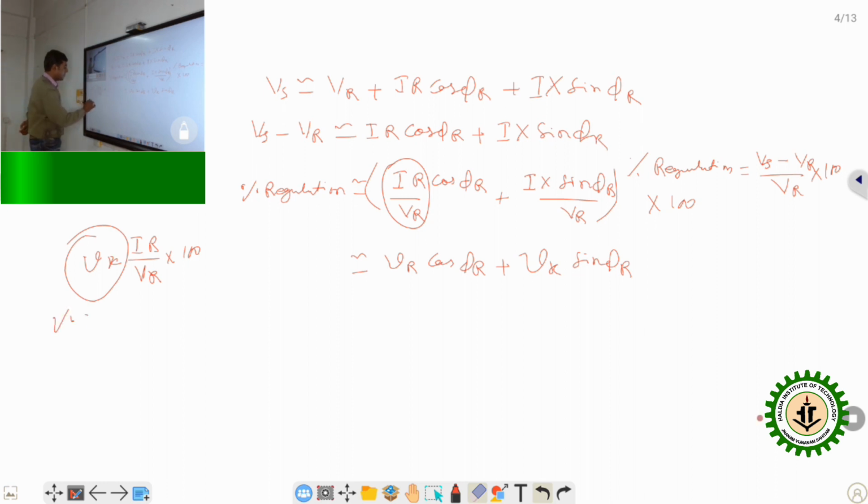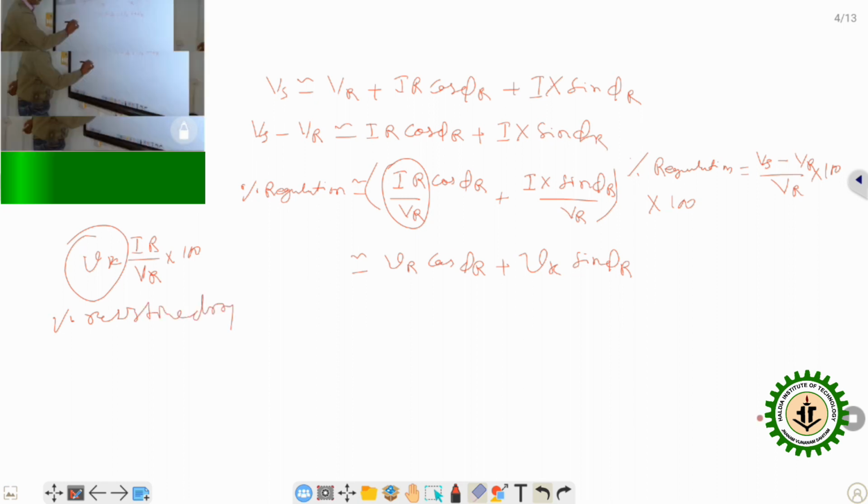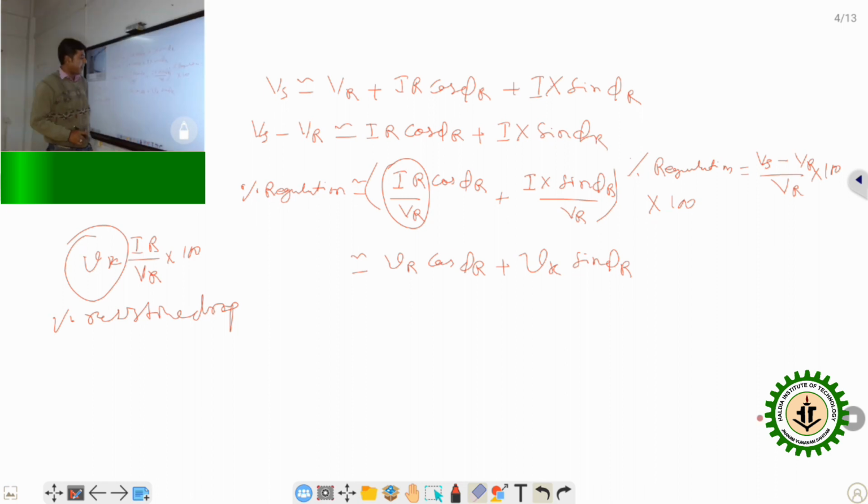drop. So if required to determine the percentage resistive drop and the percentage inductive reactance drop, you can calculate from here also. So this is actually the main target of the regulation.